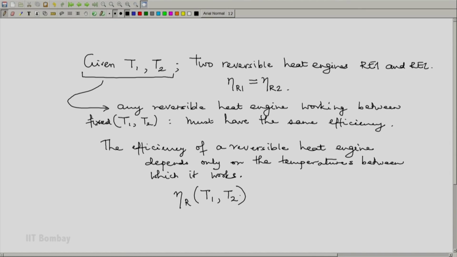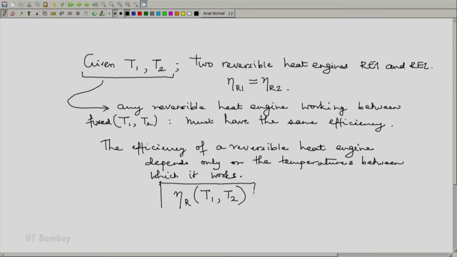It cannot depend on anything else, because if T1 and T2 are fixed, eta R is fixed. If one of T1 and T2 changes, well, eta R might as well be different. In a mathematical sense, eta R can only be a function of T1 and T2.